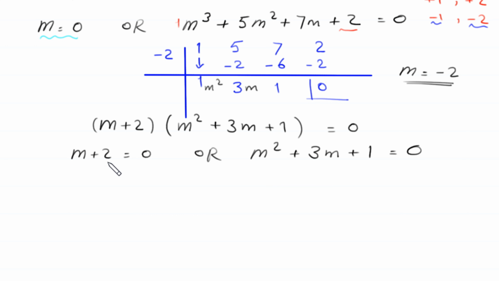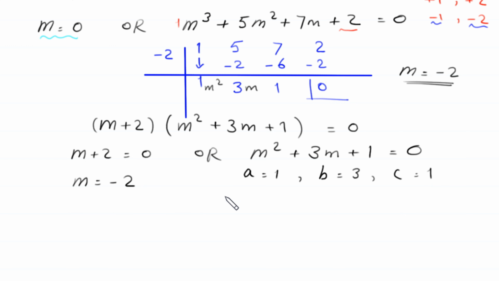Now from this equation we get the value of m is equal to negative 2. And to find the other two values, we solve this quadratic equation. In this equation a is equal to 1, b is equal to 3 and c is equal to 1.